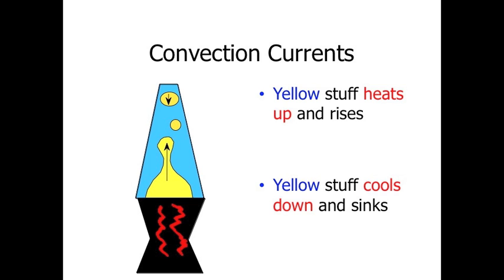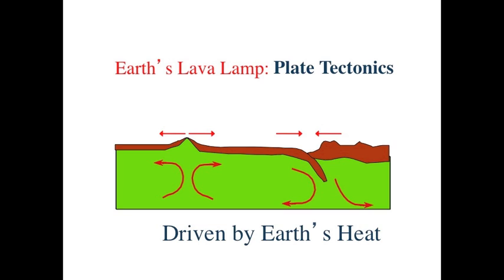Now, this can be the same analogy used to explain what happens below the crust. The heat below also creates convection currents with the magma. As it rises, it pulls with it the crust, and it pulls it in an outward direction. We call that a slab pull.